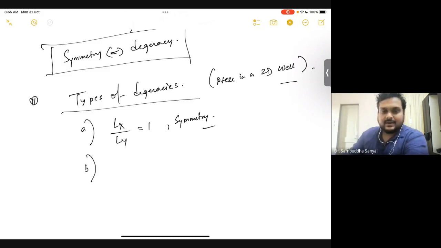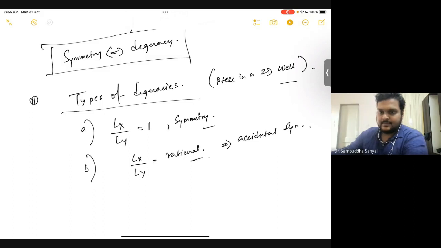Now the second one comes if it is rectangular but rational. Okay, so then it's an accidental symmetry, or hidden symmetry.